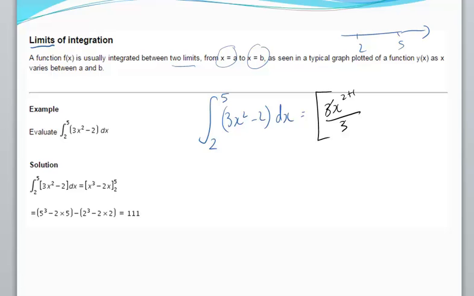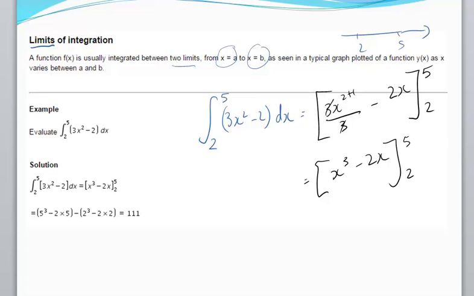Our 3's will cancel, so in our next line that will become x to the power of 3, minus 2x. We notice we don't have to put our constant in now. And we write our 5 and our 2 in.